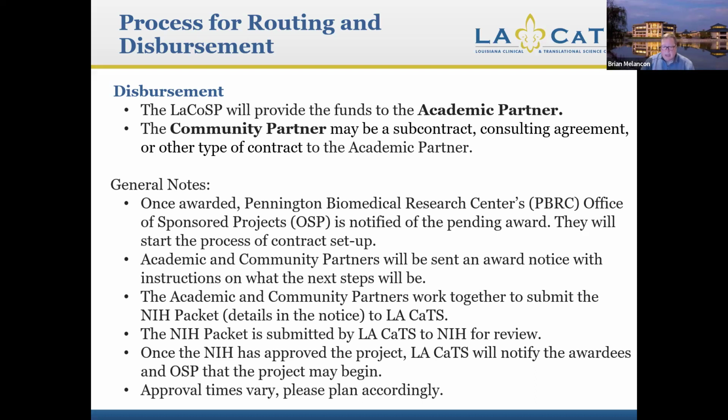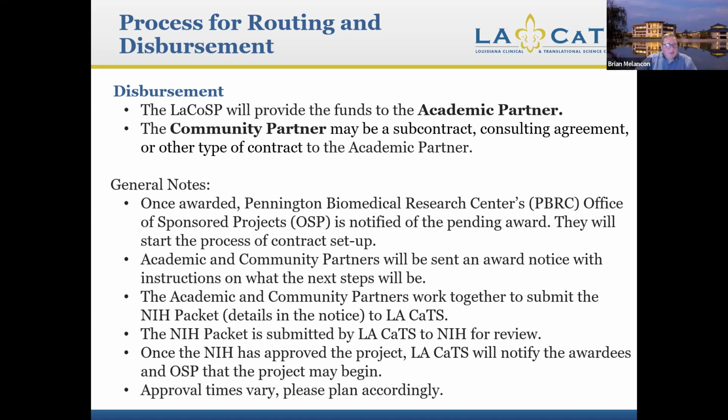As you can see, it doesn't matter whether it's a $10,000 project or a $50,000 project. The NIH will review it and generally have the same information that's required. You can see in this slide here, I mentioned the NIH packet, something you'll see and receive. You still have to provide that information for the federal dollars that are going to be provided.